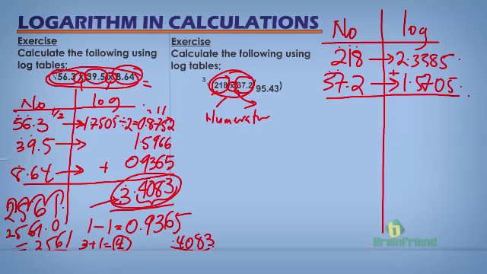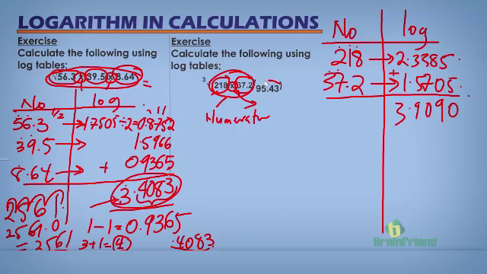Therefore, if we added 2.3385, which is the value that we got for 218 as a log number, plus 1.5705, which is the value we got for the log number of 37.2, we would have 3.9090. 3.9090 therefore becomes the value that we get for our numerator in its log form.